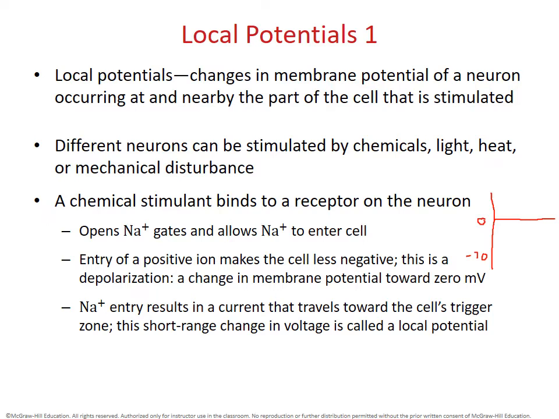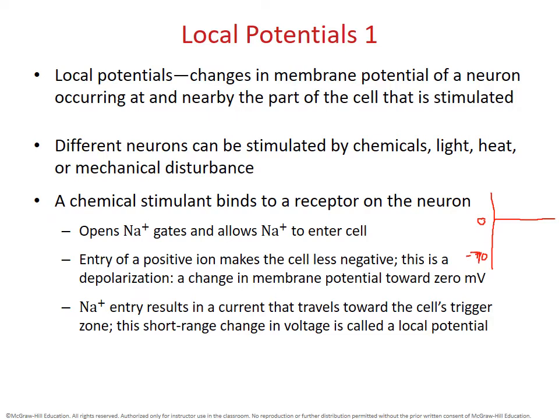Well, if you think about it, a membrane that has resting membrane potential is also a polar entity in the sense that the inside of the cell is negative and the outside of the membrane is positive. That difference represents electrical polarity.